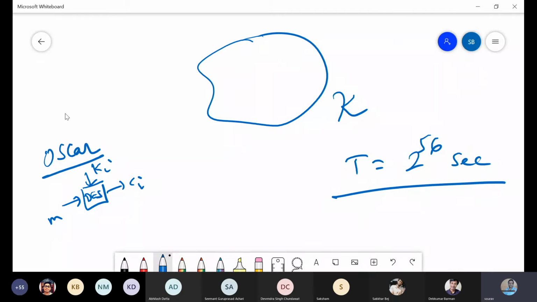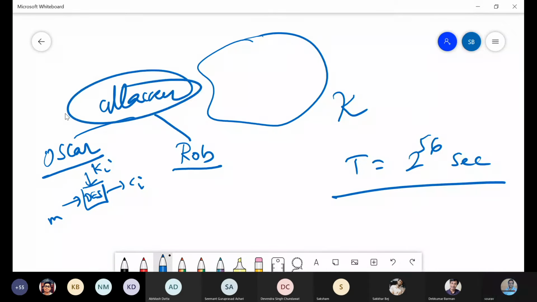But suppose Oscar borrows one computer from his friend Rob, and they decide to do this work together. So Rob is also having another computer. Both are attackers, or both are good friends. Then we can divide the key space into half.